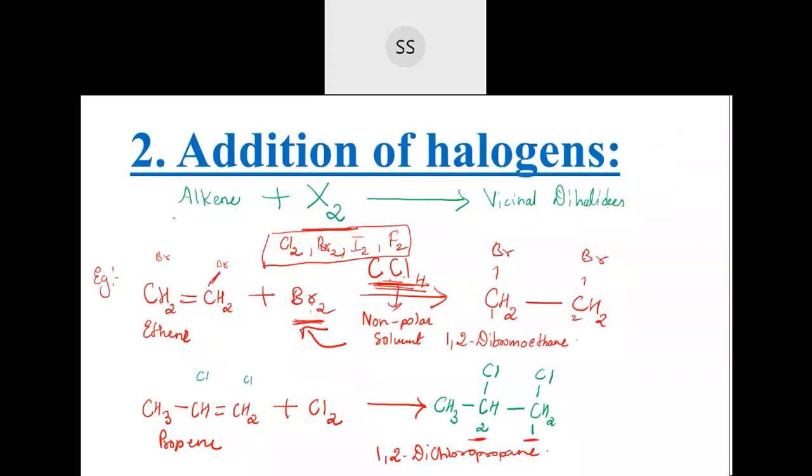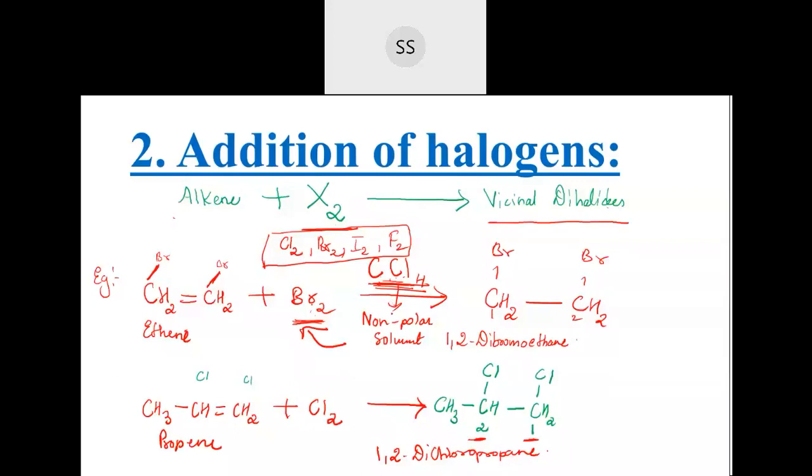So you get neighboring halogens. If the two halogen atoms are attached to adjacent carbon atoms, we call them vicinal dihalides. So you get a vicinal dihalide on halogenation. This reaction is also called halogenation. Till here we had finished. I hope you don't have any problem with this. Now today I am going to continue with the third chemical property.